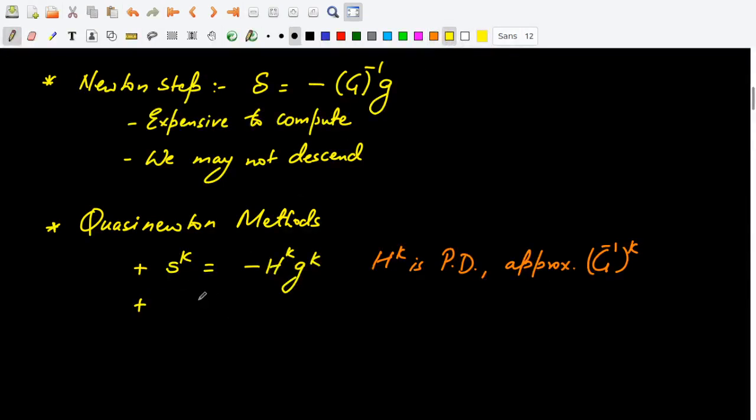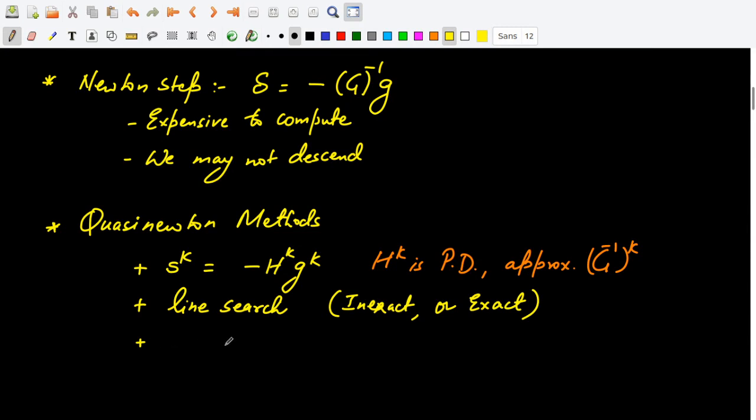Once we have found the direction, then we can do line search, and this line search can be either exact, which is expensive, or inexact. Usually we do inexact, but for proving certain theorems or deriving some results, we may consider the case of exact line search as well.